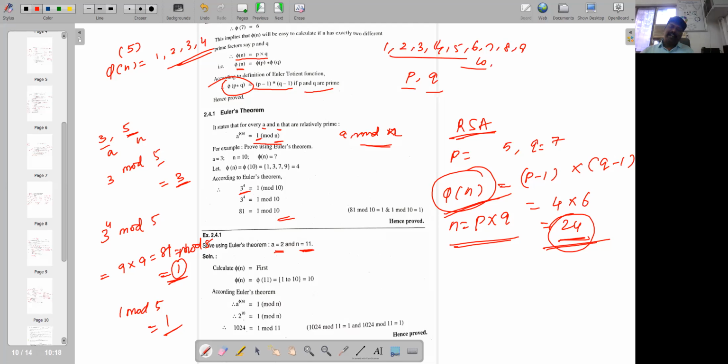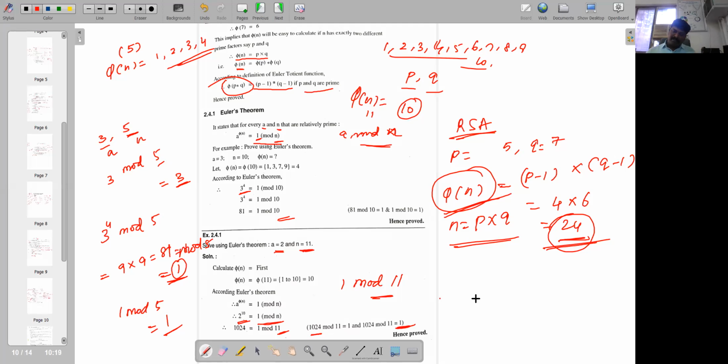So the phi of n value for 11 is 10. So 2 power 10 is equal to 1 mod 11. We'll get 1 only, right? 2 power 10 is 1024, and 1024 mod 11, you will get 1. I hope this is clear.